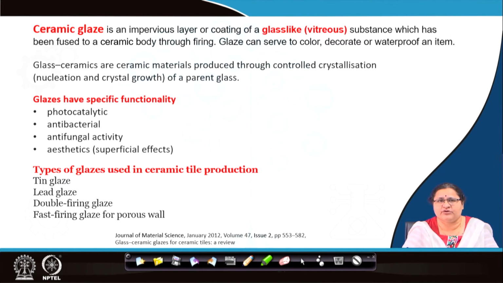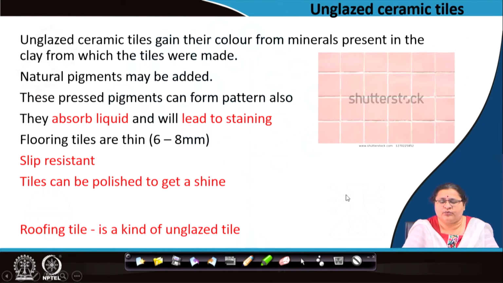Other than these glazed tiles, we also have the unglazed ceramic tile, which looks a little dull, which you will see mostly outdoors, but they only get the color from the minerals present in the clay. As you can see, it has a very natural color.